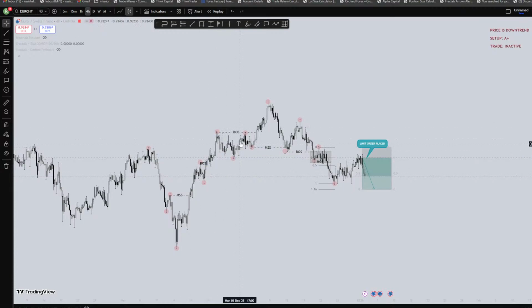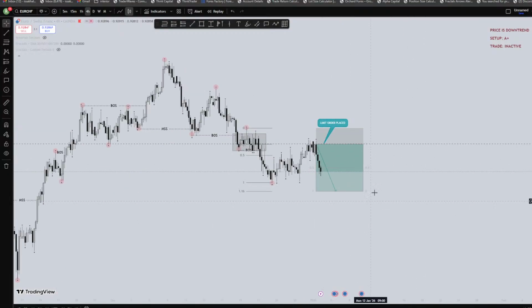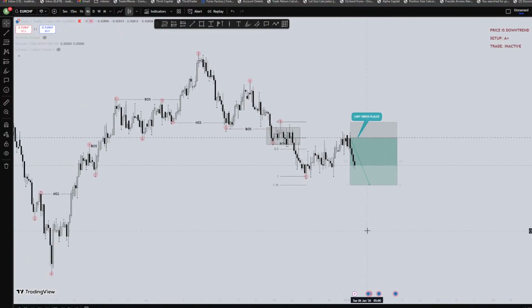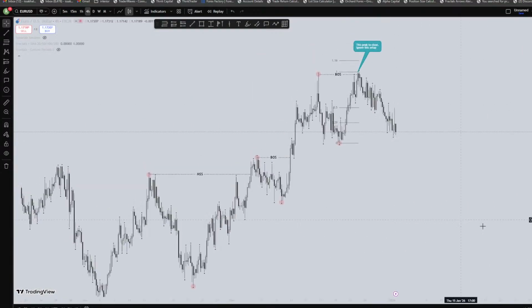Once it closed, it gave us this, then price pushed, gave us that, continued lower. So yeah, limit in order. Unfortunately, this trade has not been able to be tagged in.